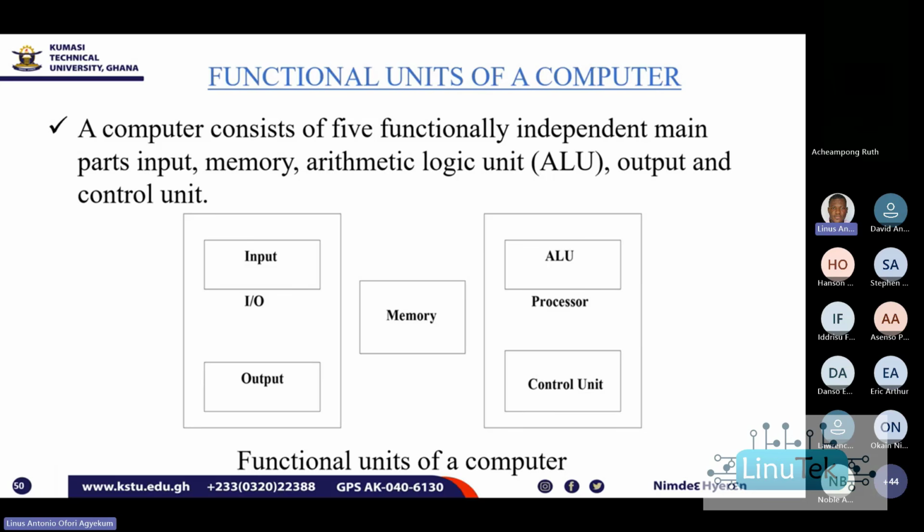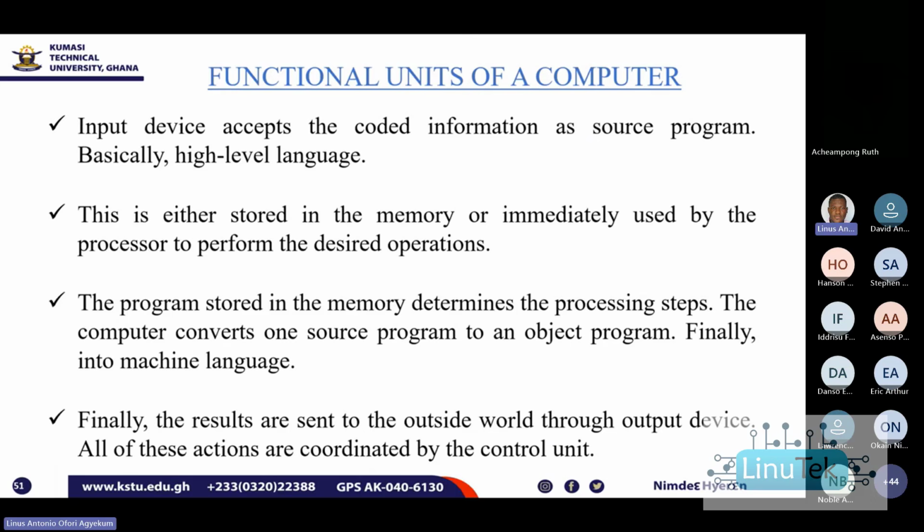Now, the control unit is responsible for coordinating all activities within the computer. So basically, this is the functional unit and its explanation. In the next slide, it explains how the functional units work together.